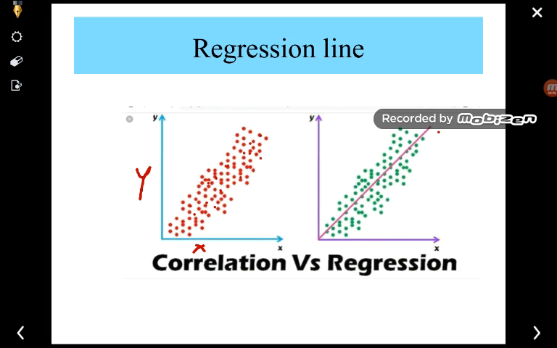Here bivariates are also present in the form of dots, but we select a particular line through which most of the points normally pass. So this is the regression line. This is the representation of regression, and this is the difference between correlation and regression.